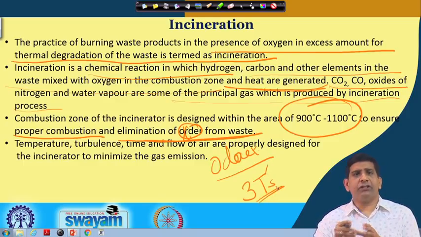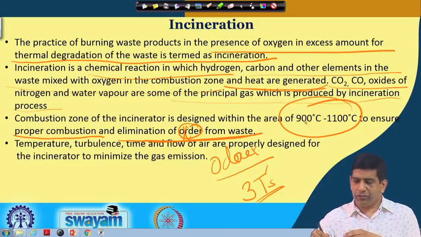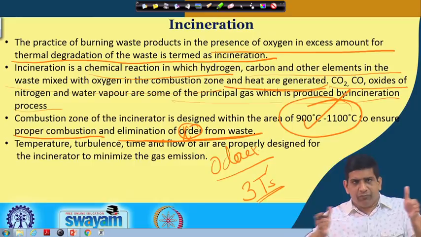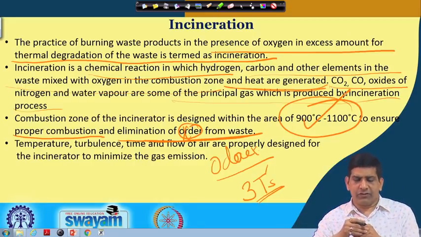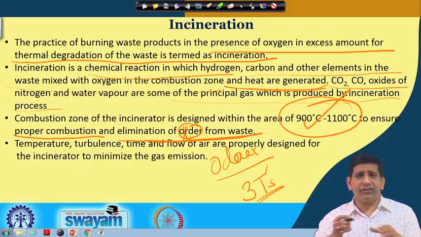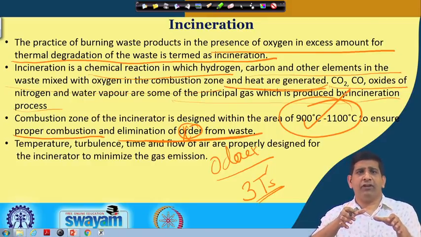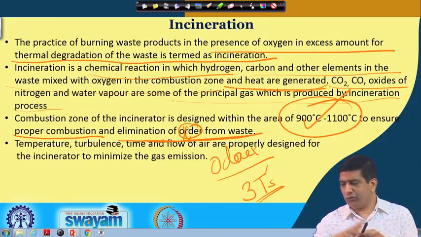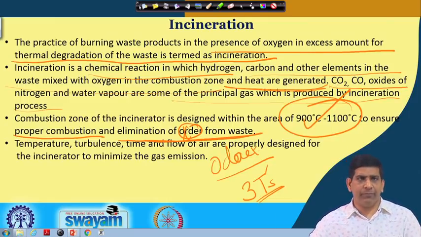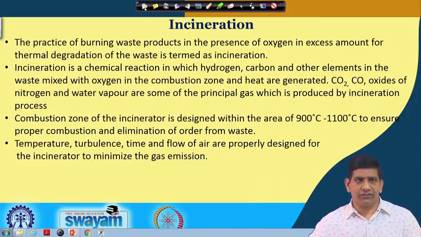You have to have a proper temperature. You need to give the waste time to react and get combusted, based on kinetics. And turbulence means mixing. You have to have proper mixing of the waste so that the reaction is complete, so you don't have incomplete combustion, because that will create problems in terms of more air pollutants showing up.